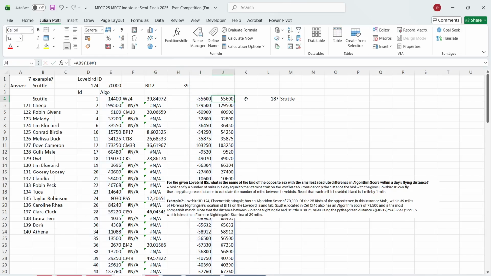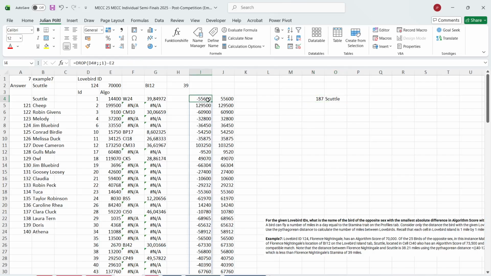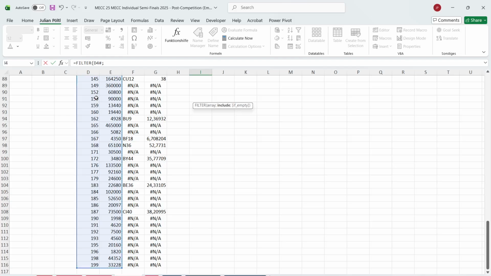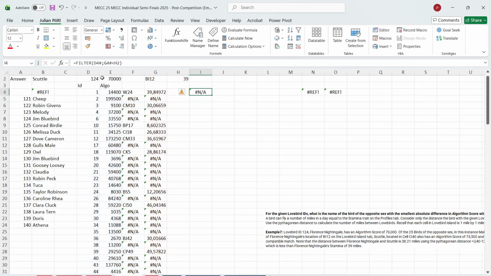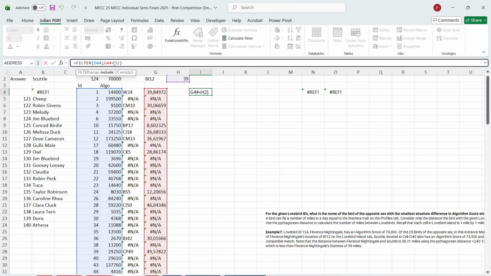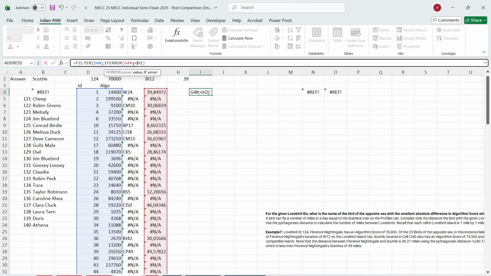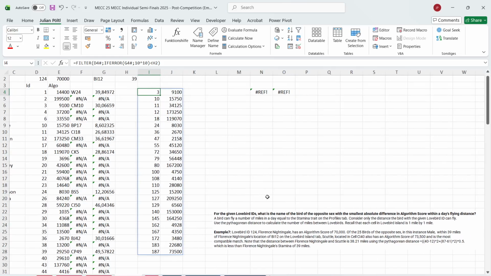Now, and then we need to delete this, filter this here if this is smaller than this. Yeah, of course, if error, 10 to the power of 10, then it's large. Florence.